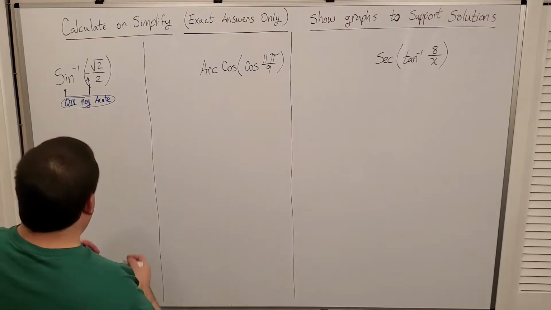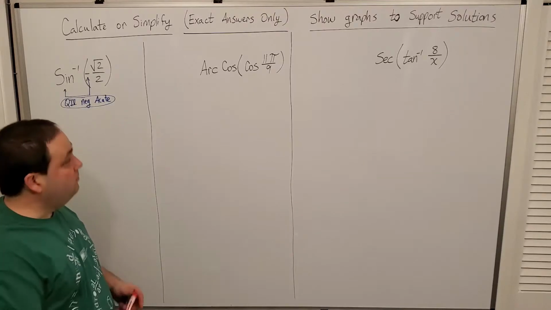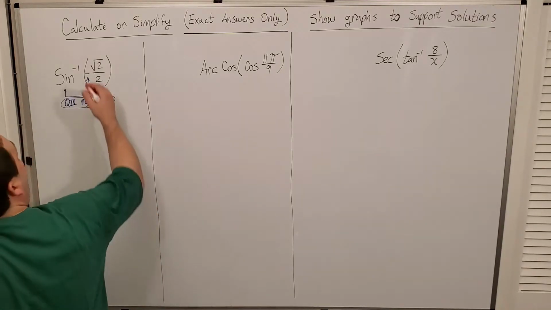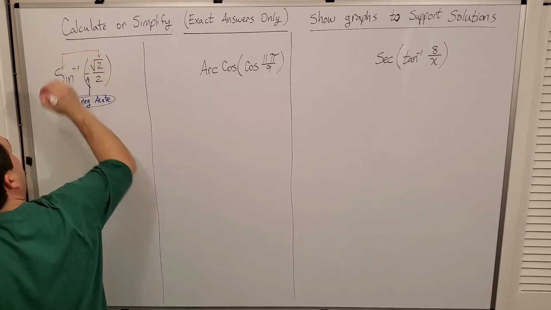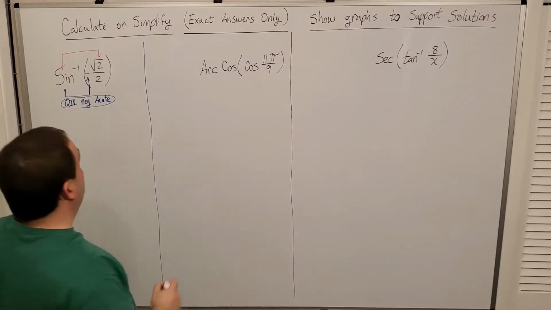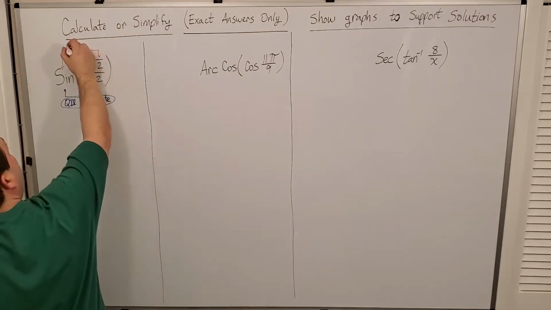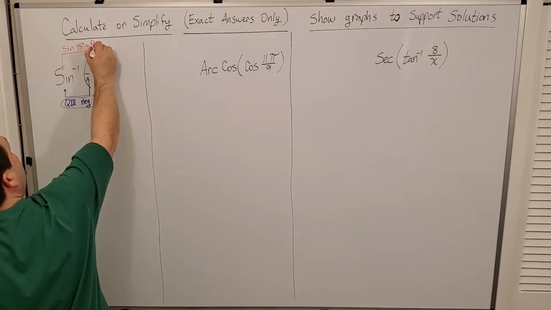Now mix that with the other piece of information that we see, which is the fact that I have a sine associated with the square root of 2 over 2 ratio. So in your head, you should be thinking, well, I know that sine of 45 degrees is square root of 2 over 2.